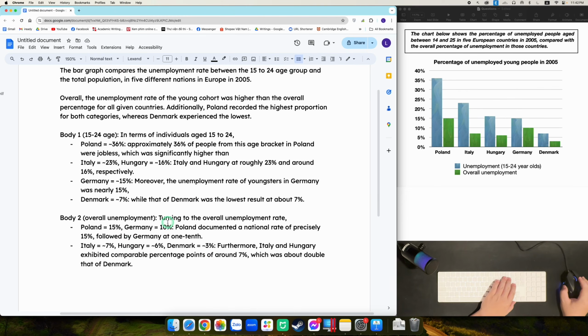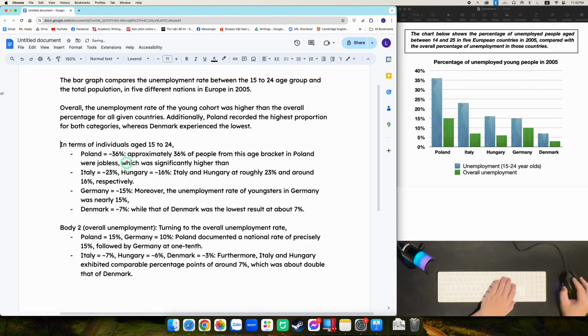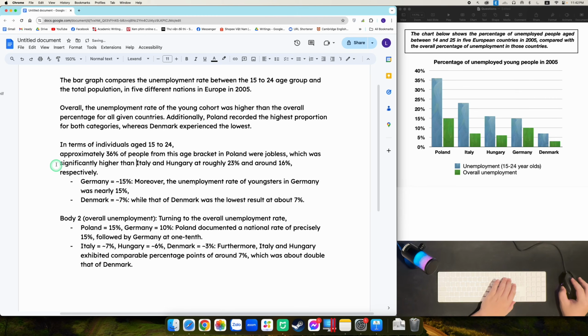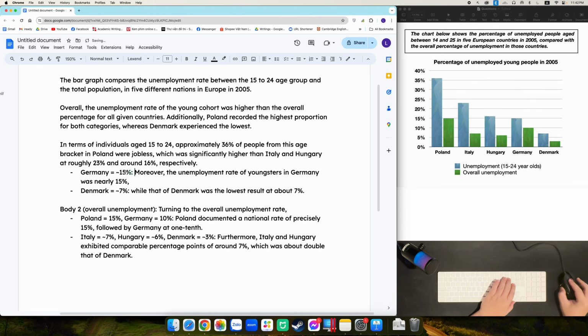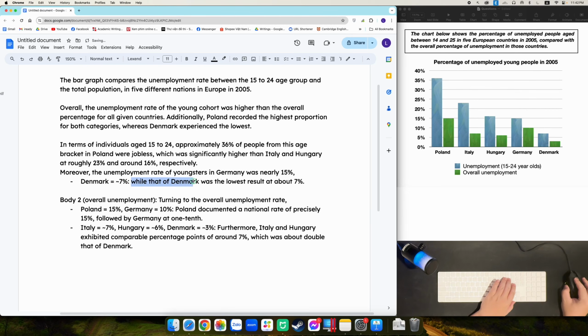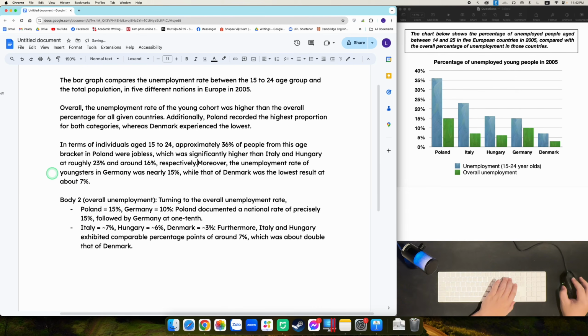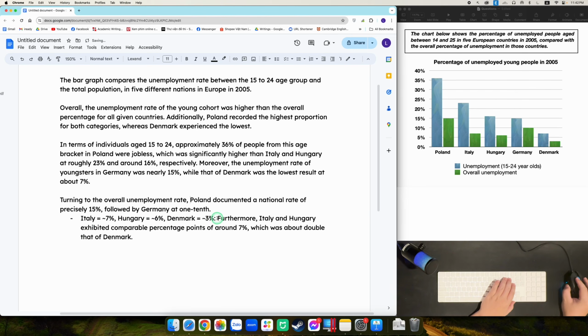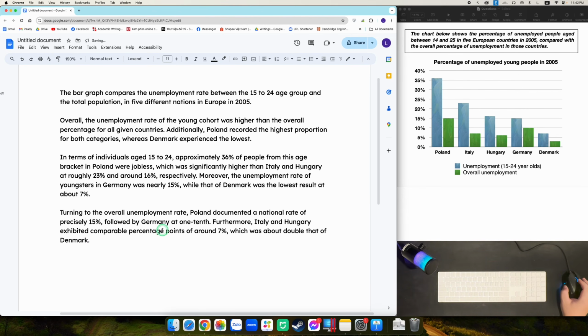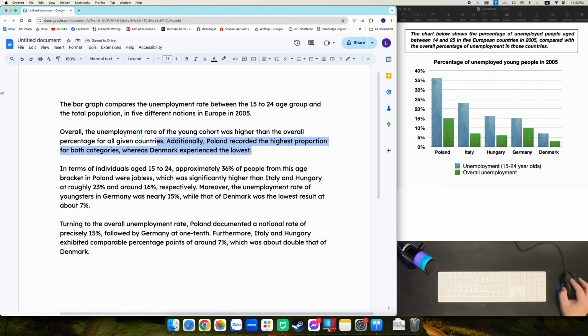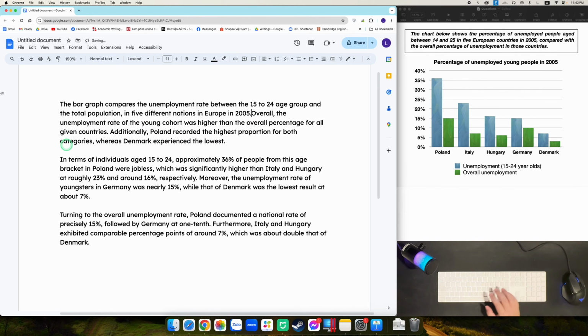So the report is done. Let's format and send to the examiner. Again, if you want to leave the overview as an independent paragraph, that's fine. I just don't like it.